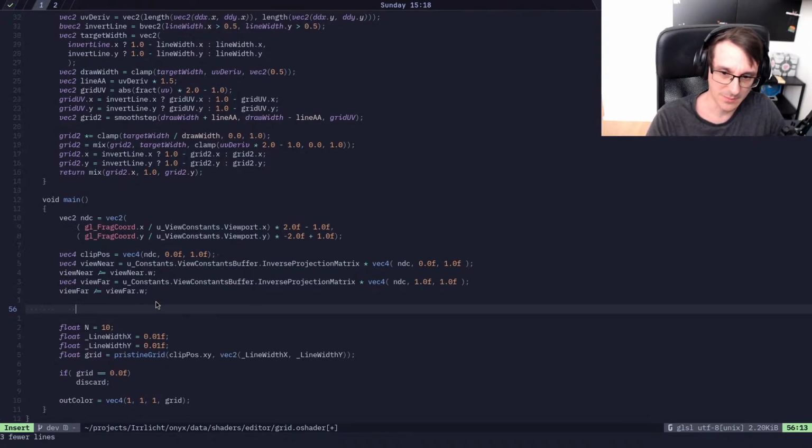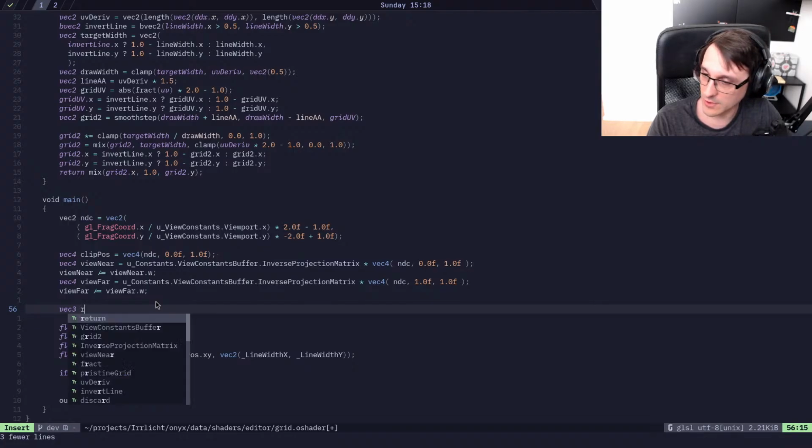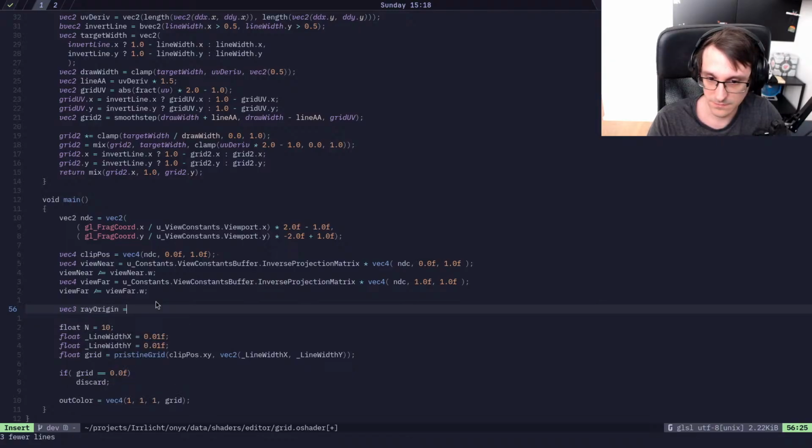And then we still do a kind of ray. It's not really a ray cast, it's basically just a ray check if we are on the plane that we want to render or not. So that is basically our U view constants, inverse view matrix.